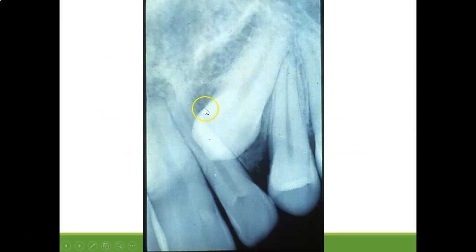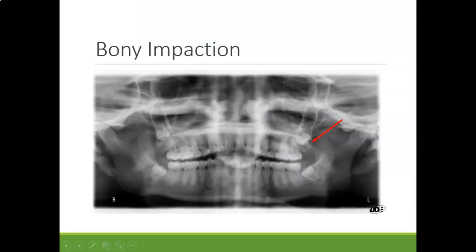So here this canine is impacted. Canines are probably the next most common, I would sort of guess. At least in my career, that's what I've seen the most impacted besides third molars. But here this canine is kind of going a little bit sideways. You can see these third molars are going off in different directions.